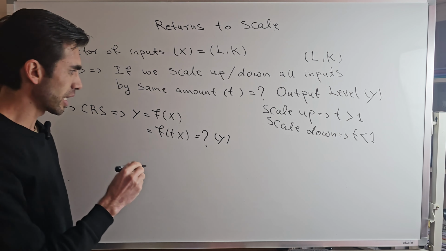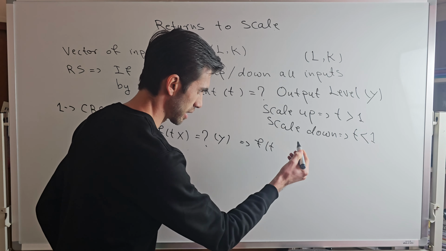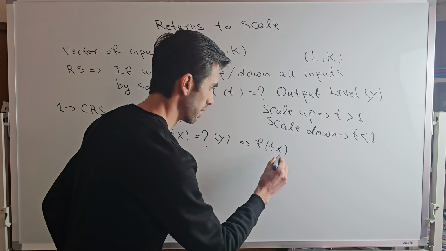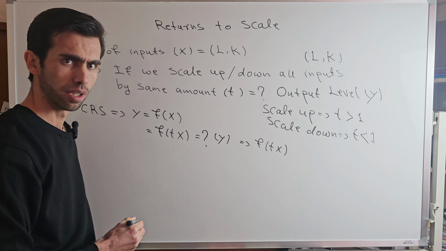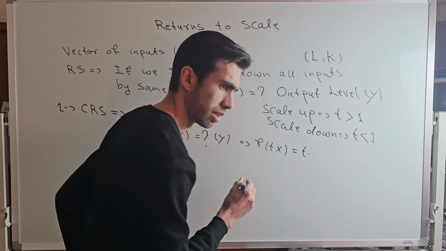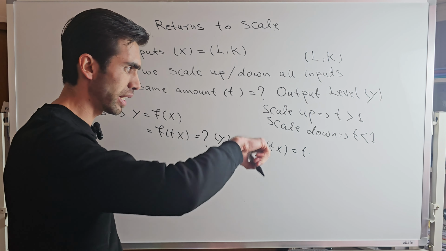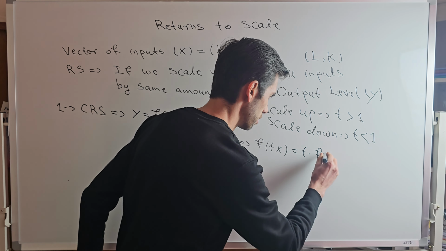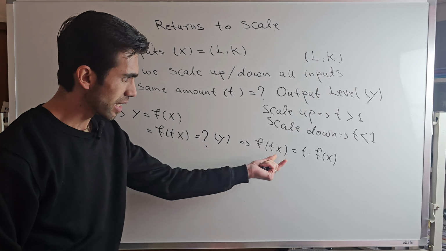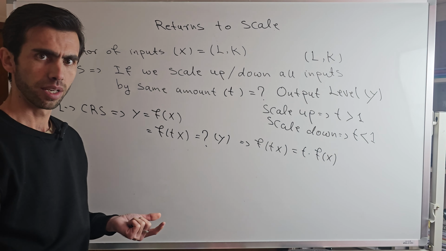In the case of constant returns to scale, if we scale up or scale down all inputs by the same amount t, the output changes by that same amount: f of t times x is equal to t multiplied by f of x. What does it mean?